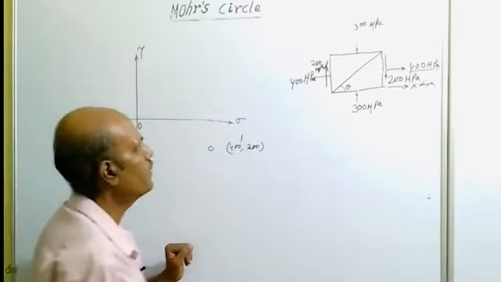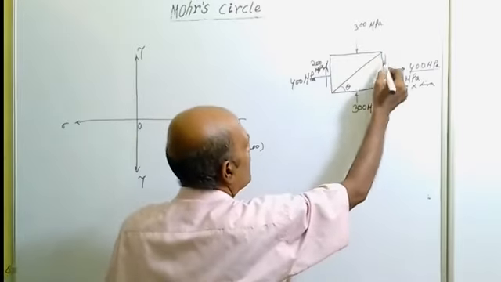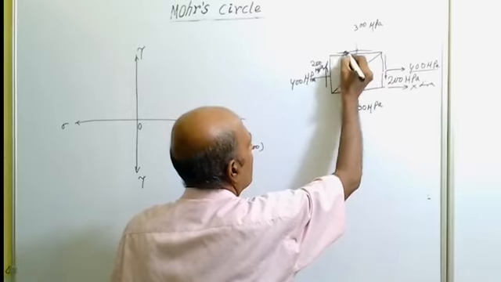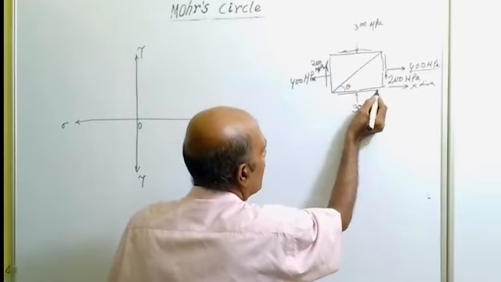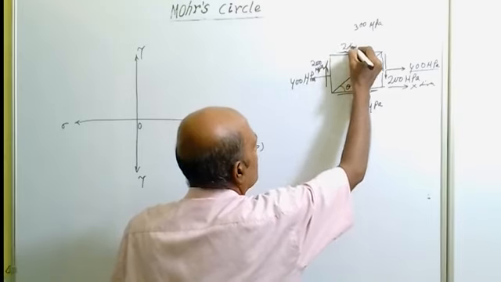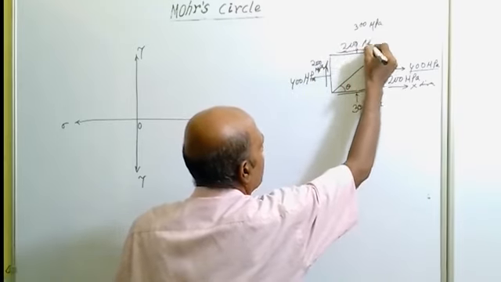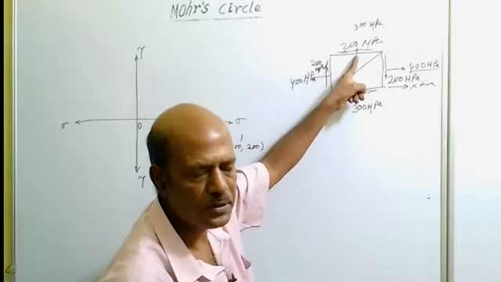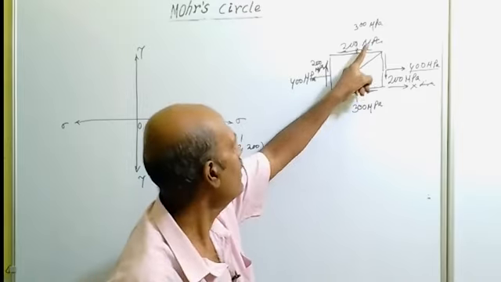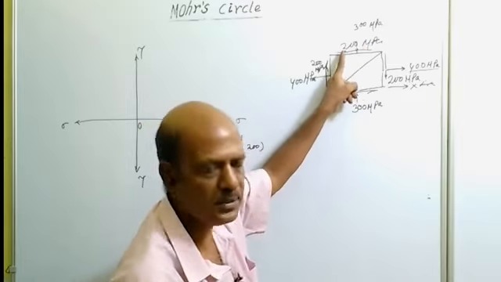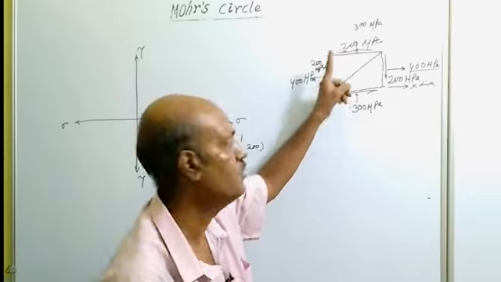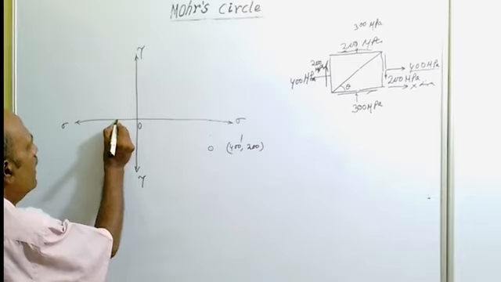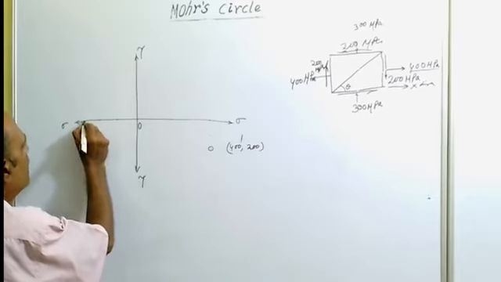Now go to y phase. On y phase, shear stress is not shown. Once the shear stress is acting, complementary shear stress will be there. So we have to consider the complementary shear stress, that is also equal value 200 megapascal. So you can see here 300 megapascal, sigma y value is negative, and this one is shear stress is in anti-clockwise sense, that is positive. So 300 is negative. So from this point you move towards left, 100, 200, 300.